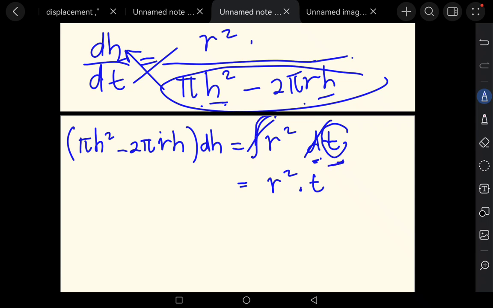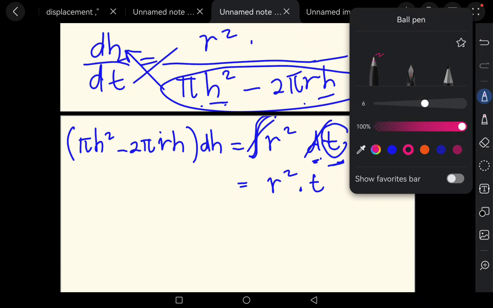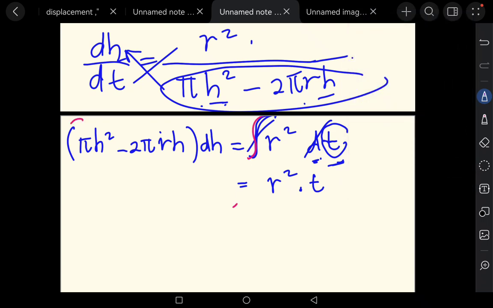So if you do integration on the right side, you have to do it on the left side. So the integral of pi h square minus 2 pi rh with respect to dh. So integrate with respect to the h variable.